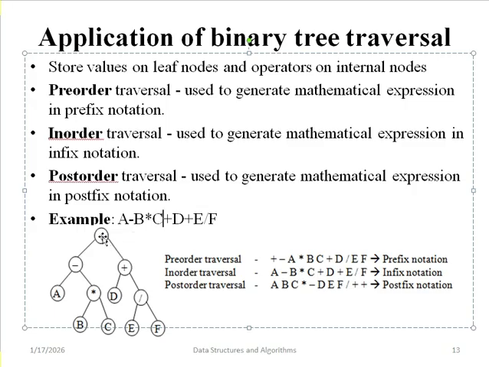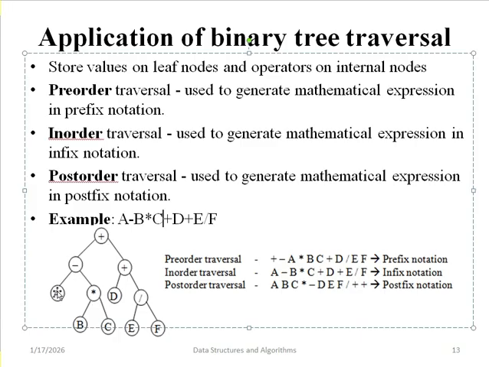Under the root node we have the subtraction and multiplication. Subtraction will be evaluated next, so multiplication will be evaluated first. That is why we are bringing the minus above the multiplication.